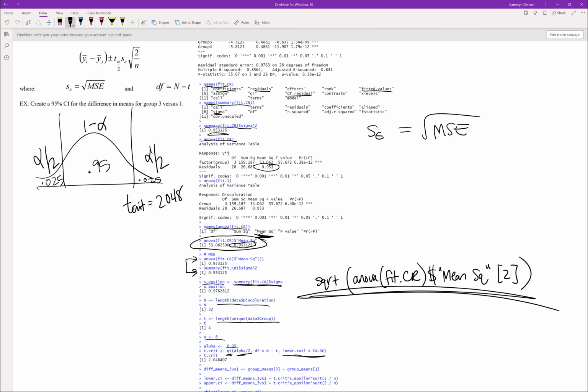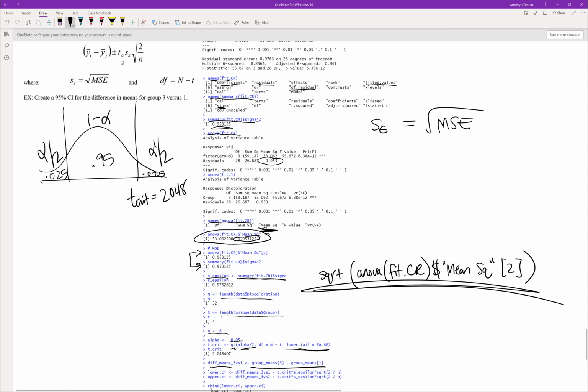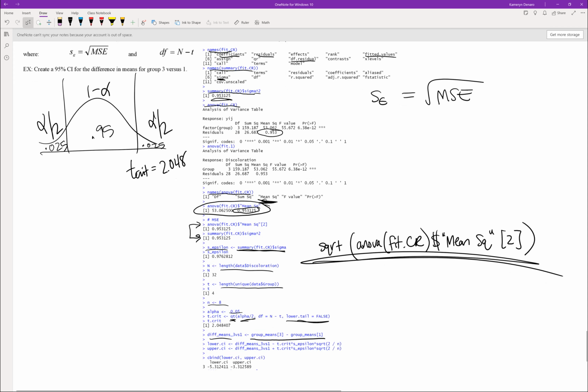All right. We need to get our y bar i minus our y bar j. We had already defined those group means. So I'm doing group means 3 minus group means 1, because that's our sample mean for group 3 and our sample mean for group 1. I'm defining that to be the difference in means 3 versus 1. To create the confidence interval, we have the formula here at the top.